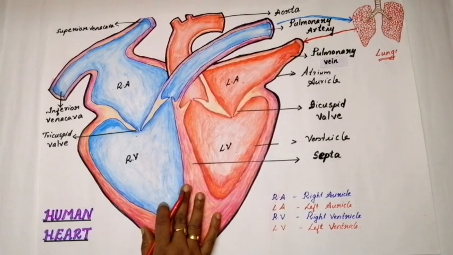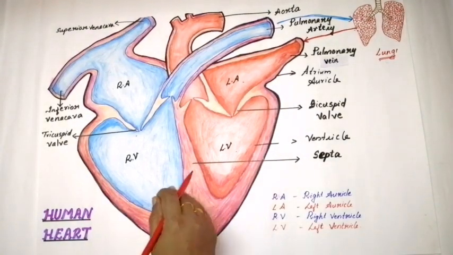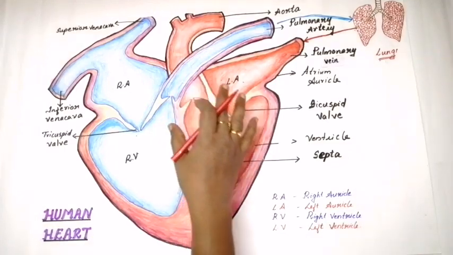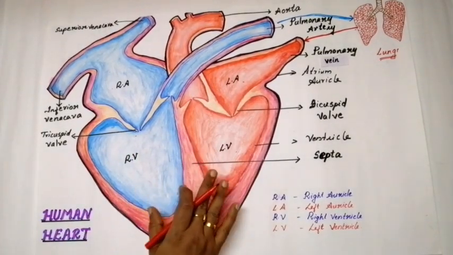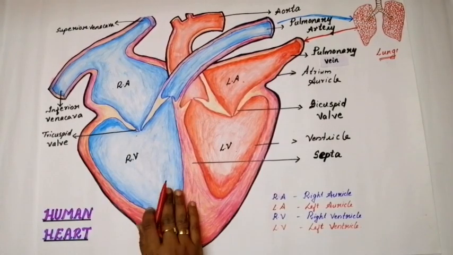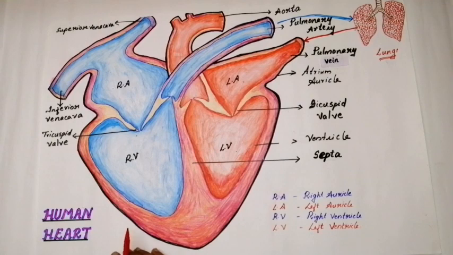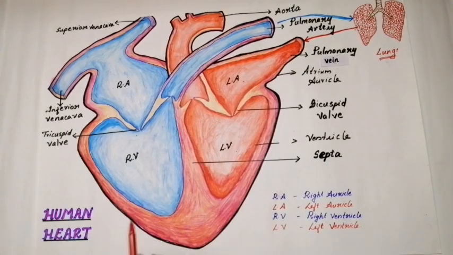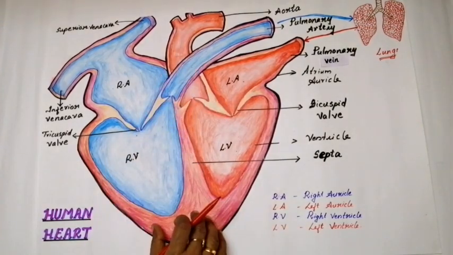So that means one heartbeat will occur in less than a second. So all these things, all these contractions, relaxation, pumping, happen within a second. By the stethoscope, we can hear the sound of the heartbeat as lup dup, lup dup. So the lup dup sound indicates the contraction and relaxation of auricles and ventricles.